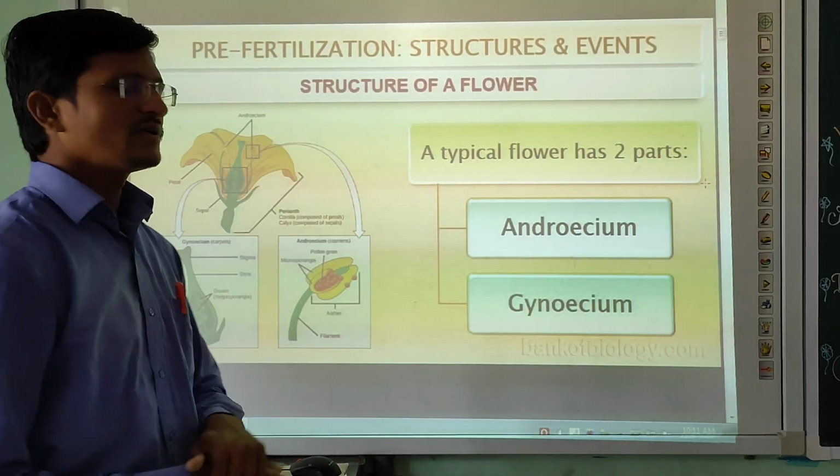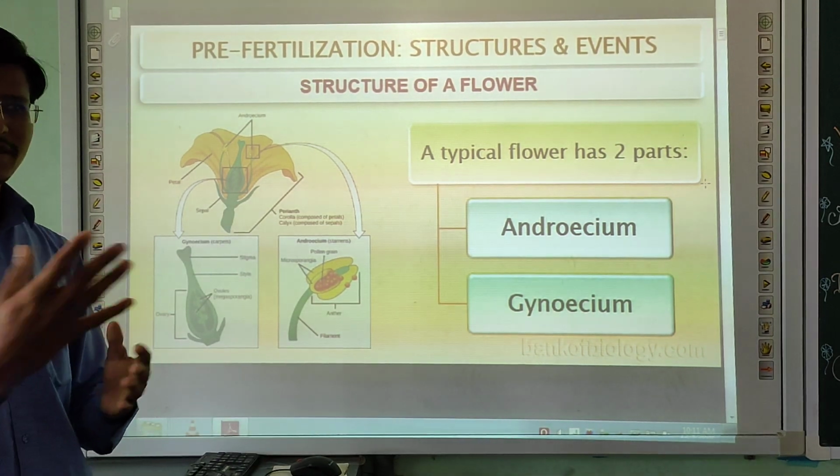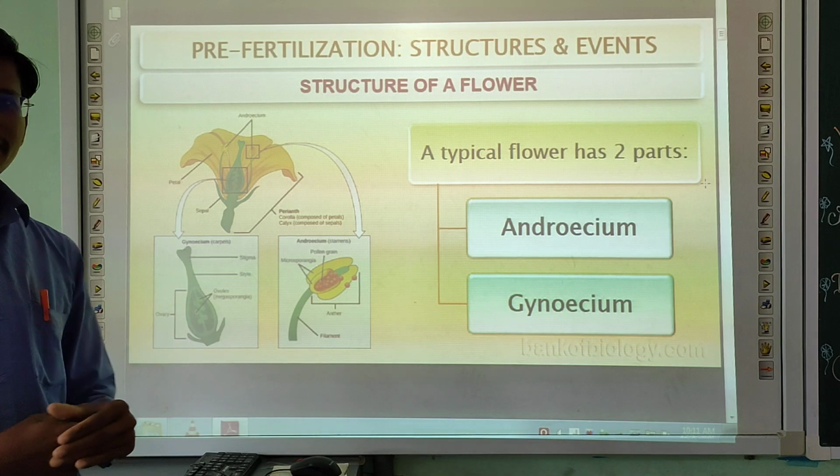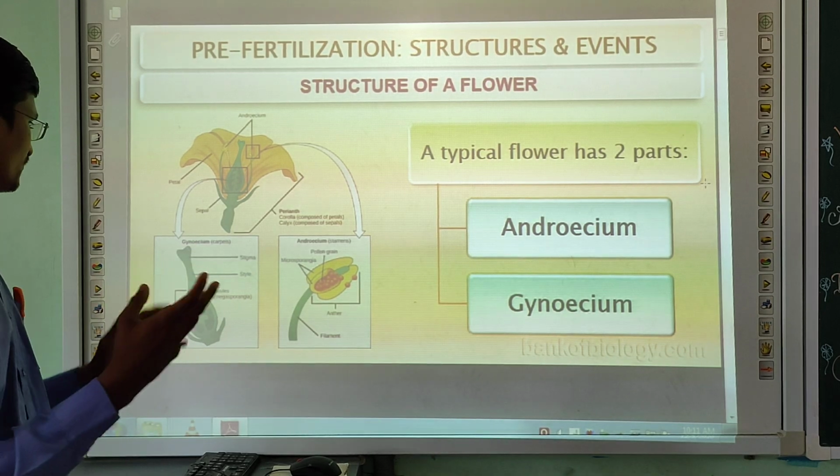Here is the structure of the flower, and we have drawn this type of diagram, which may be asked in the exam: draw a labelled diagram of stamen and carpel.